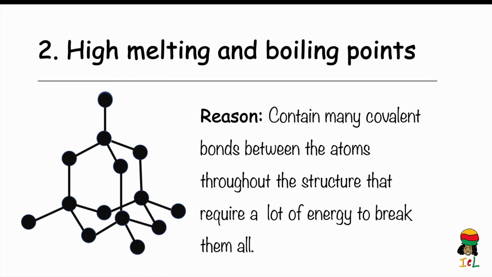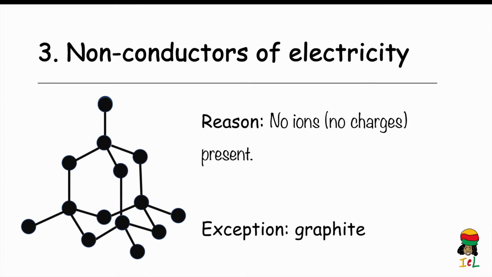Therefore, it takes a lot of energy to break these strong covalent bonds for the atoms to separate, causing a solid to melt or a liquid to boil or even evaporate. Giant covalent substances do not conduct electricity. This is so because there is no overall charge, neither do they form ions. Graphite, however, is an exception to this trend. We will discuss this exception in detail later on in the lesson.